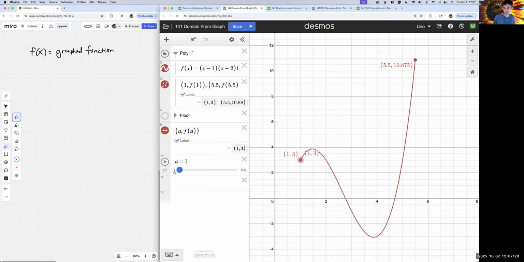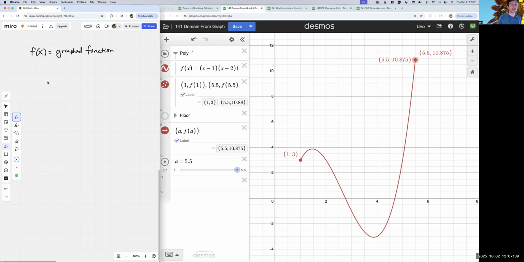As we scroll through this, we're hitting every single number as we go through, right? So in the case of this graph, I've labeled these endpoints. We're starting at 1, 3, move around quite a bit and get to 5.5, 10.875, right? We're only caring about the x values, and in this case, we've hit every x value from 1 to 5.5. So that is our domain.